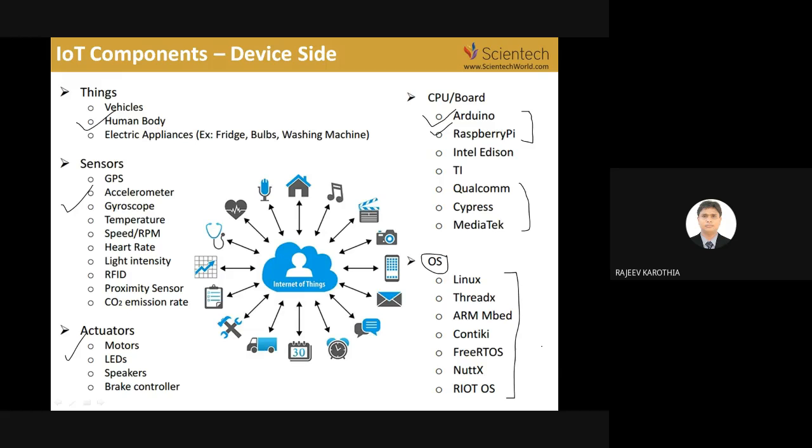On a single device, if you have multiple tasks to do, then a single controller or application software won't do everything. For that, you need some kind of operating system mechanism. So we should tell our students to learn about different operating systems. Linux is there. FreeRTOS is important because most of the applications we do need time slicing, so we can use FreeRTOS. So these five things are important to learn at the device side.